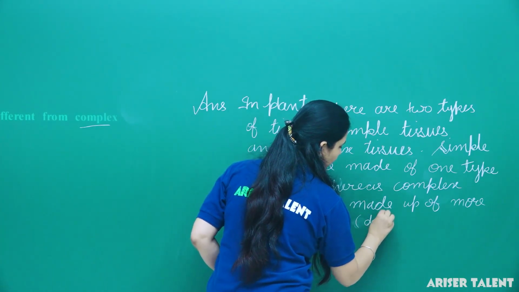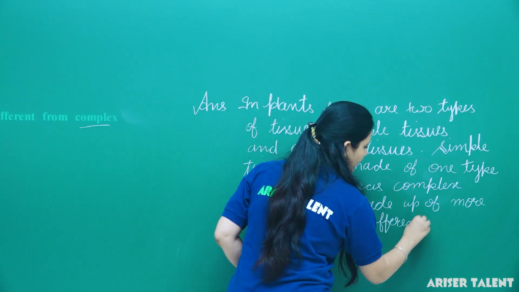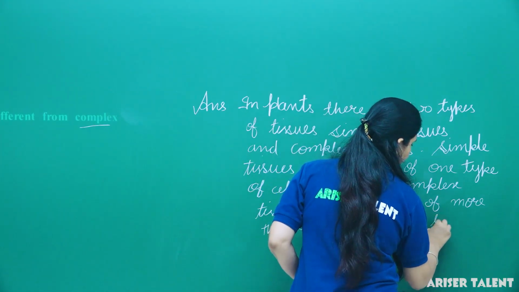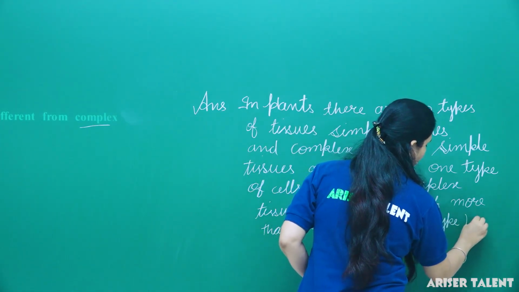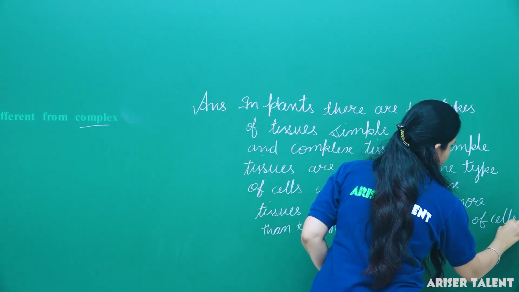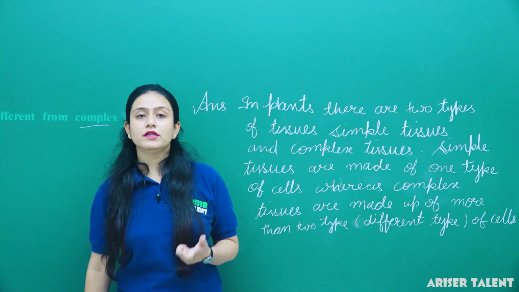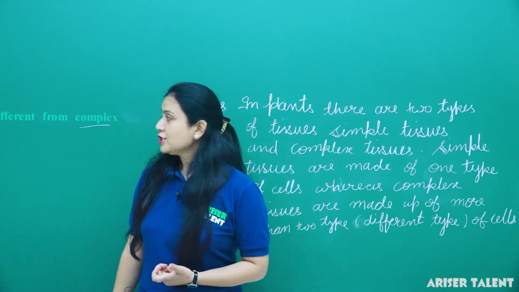Here in bracket we can mention that they are made up of different type of cells. Clear? So what is the difference between simple tissue and complex tissue?